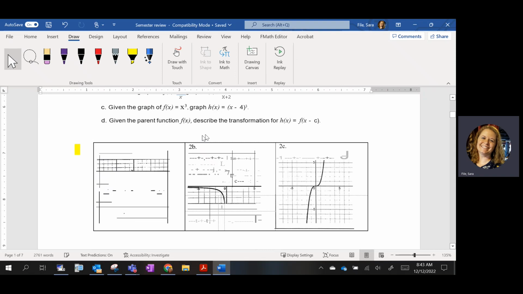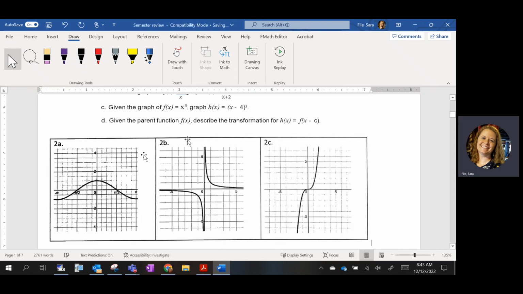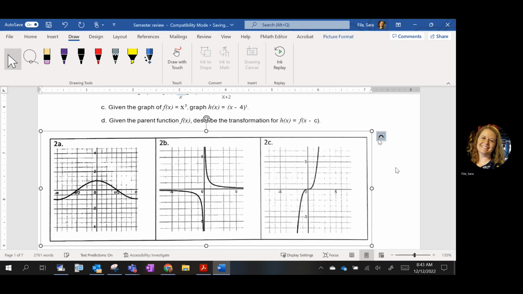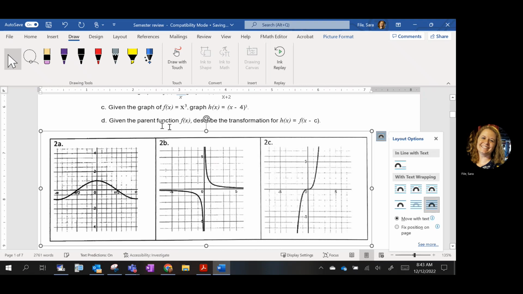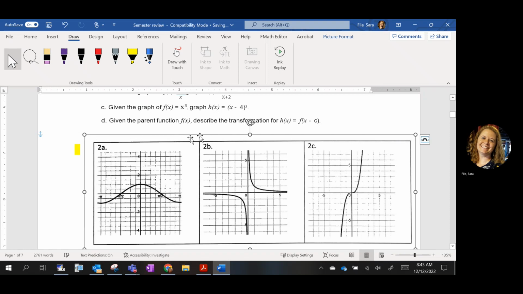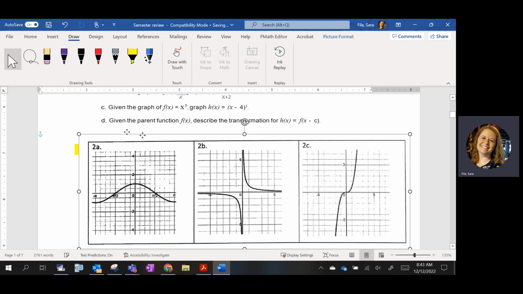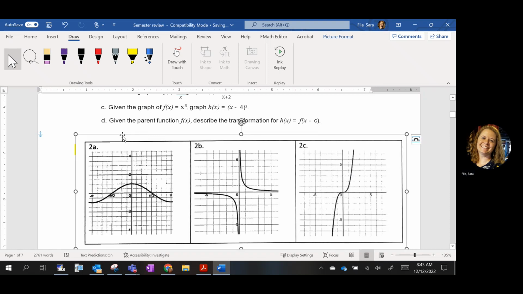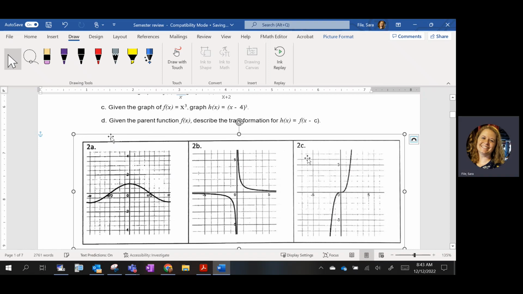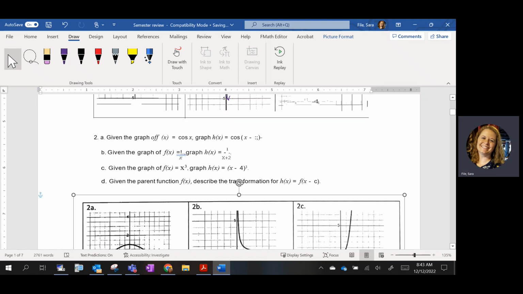Oh my gosh, paste. There we go. This PDF converter from Word or from PDF to Word leaves a little bit to be desired. Okay, those look a little better.